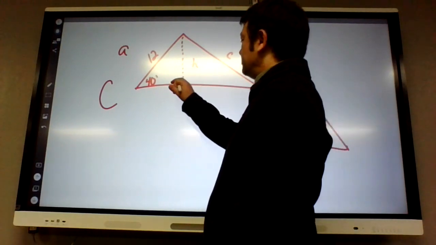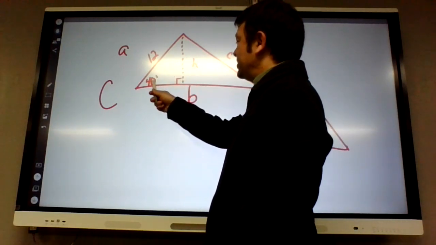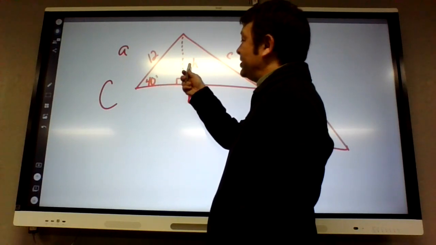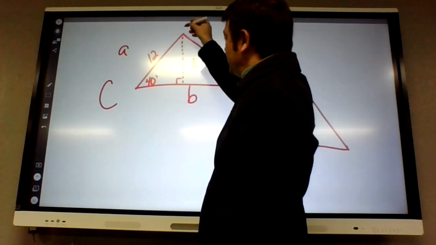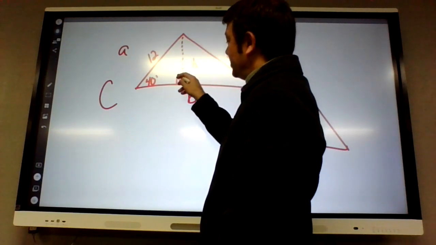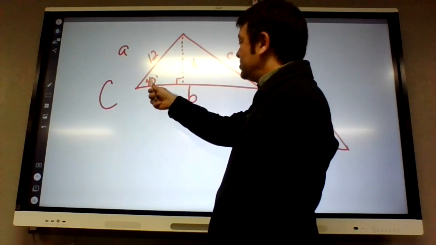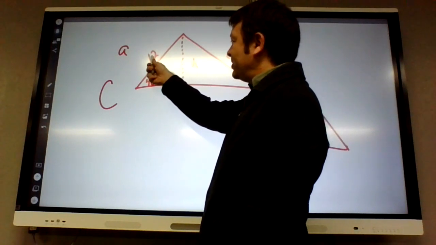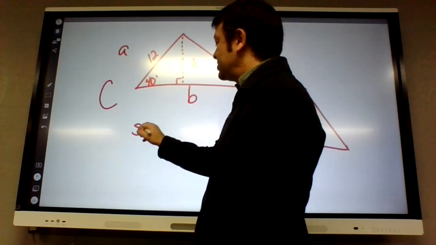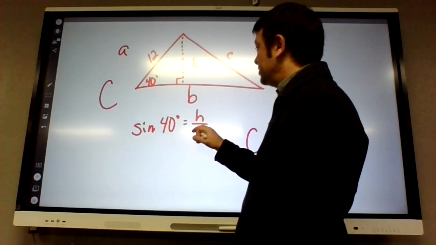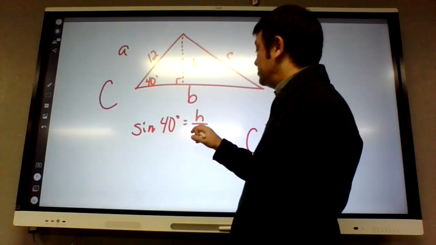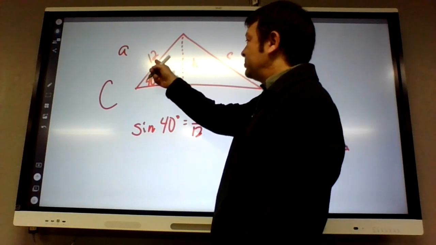We use sine. Relative to this angle, the height would be the opposite side of this little triangle that was created when I drew it in. And it's a 90-degree triangle, right? Because it's perpendicular. So opposite over hypotenuse is sine. So sine of 40 equals opposite over hypotenuse. Hypotenuse is 12.